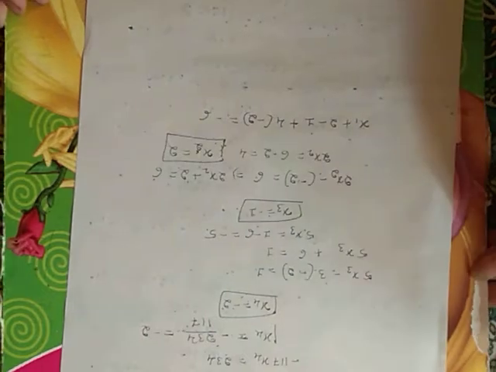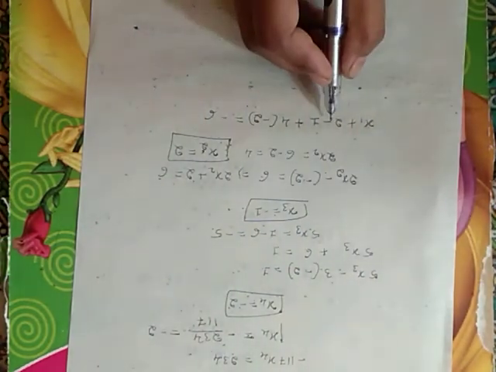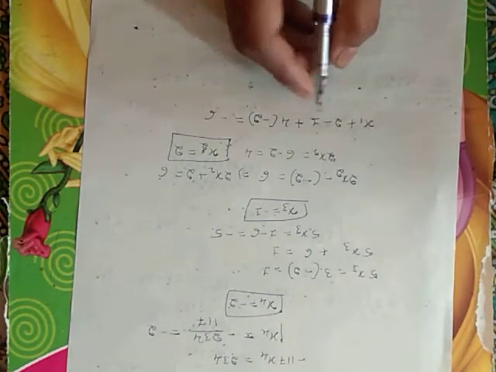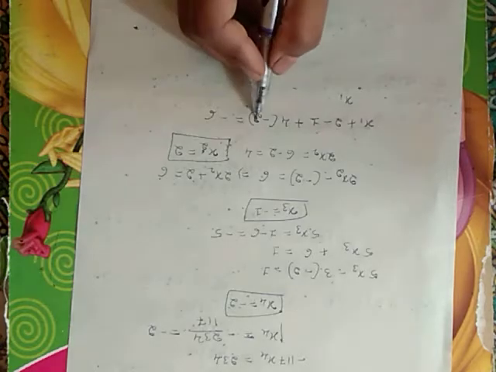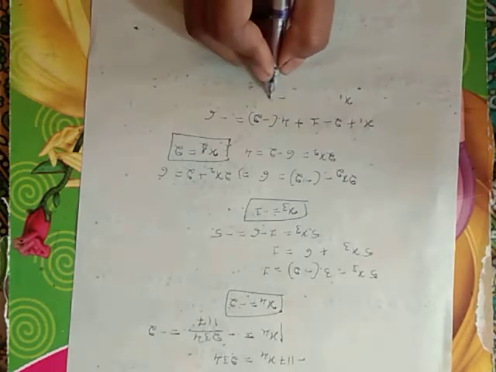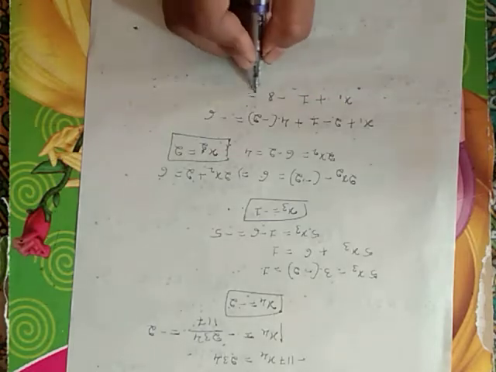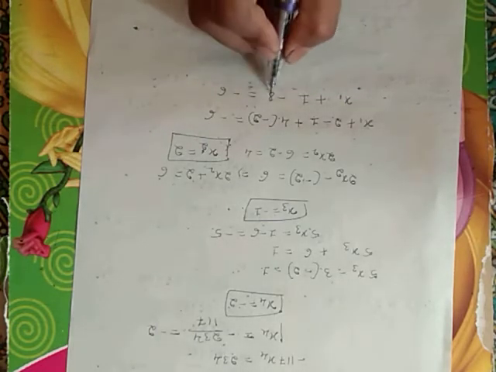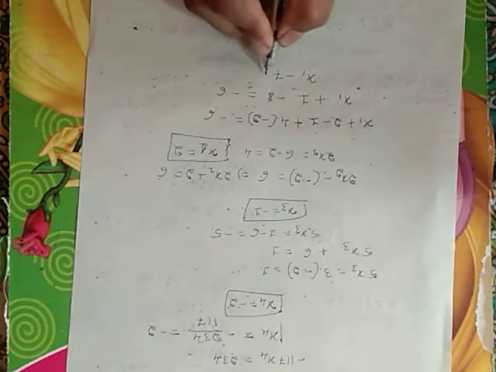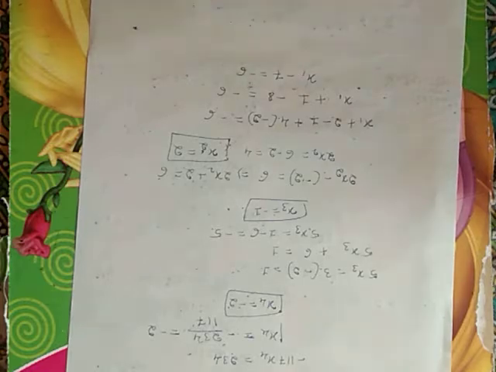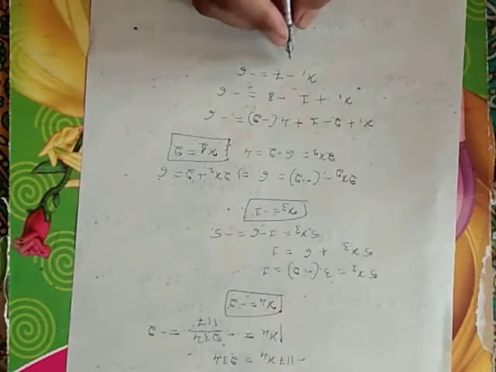Now we have to do the simplification. 2 minus 1 is 3. 4 into minus 2 is minus 8. 2 minus 1 is plus 1, equal to minus 6. 1 minus 8 is minus 7, equal to minus 6. Send minus 7 to the RHS side.